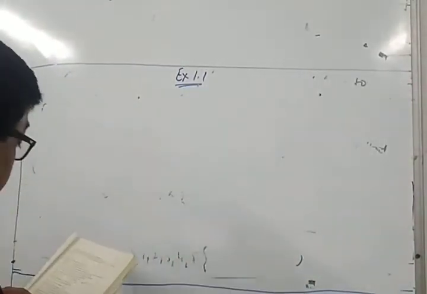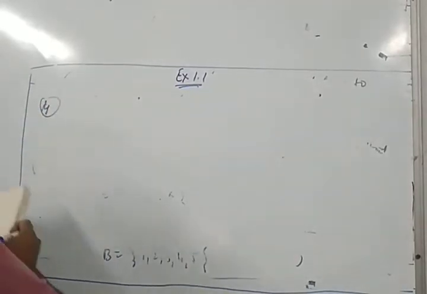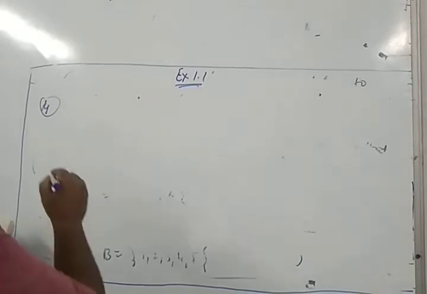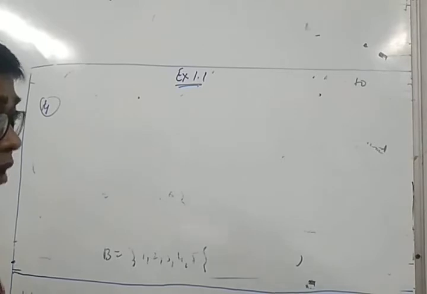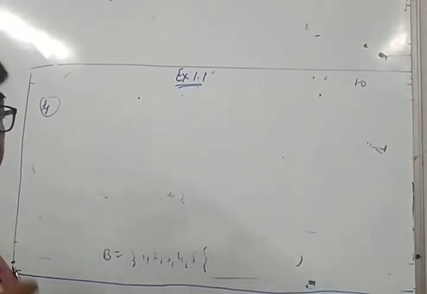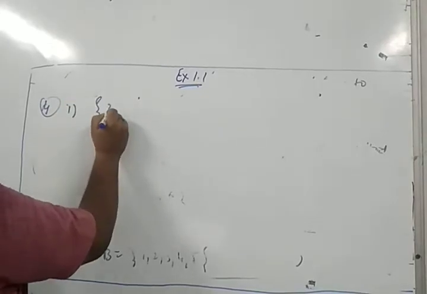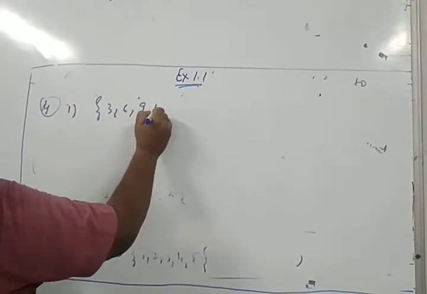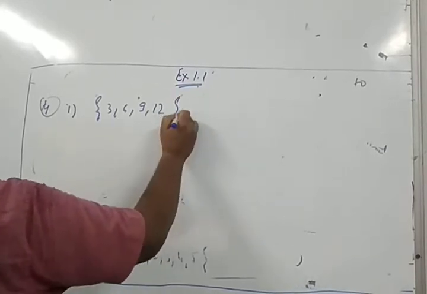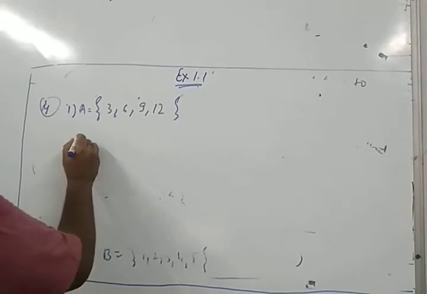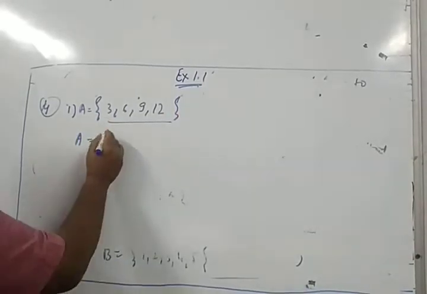Now question number 4. That is the reverse question. They have given the tabular form and are asking to convert it into set builder form. The first one is 3, 6, 9, and 12. The set is E, and we have to convert this into set builder form.